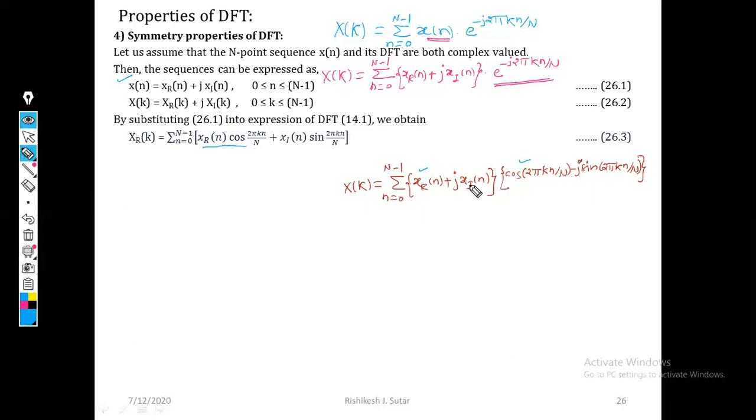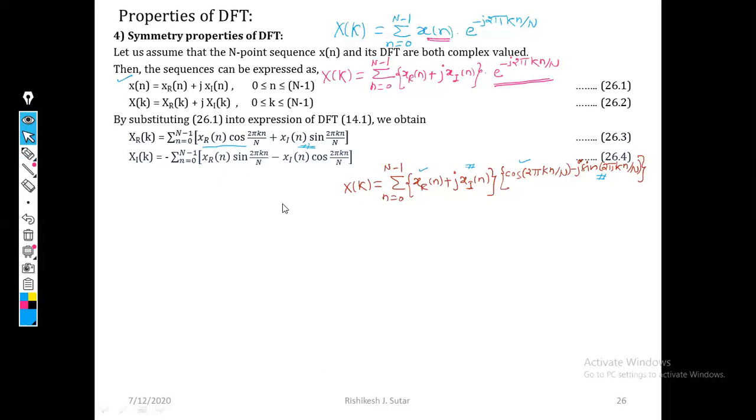And if I see here this j and this j, j multiplied by j would be j square. J square is minus 1. Along with this minus, it will become plus 1. So this xi of n and this sine will also contribute to the real part. So this real part I got by comparing this expression.